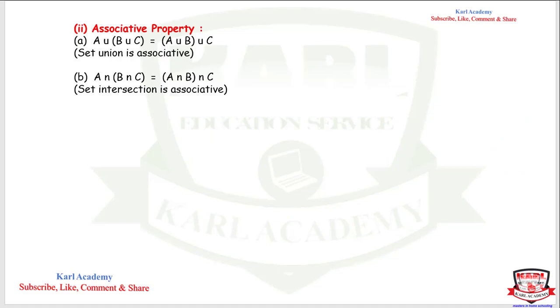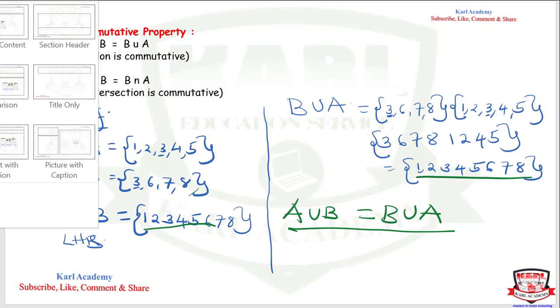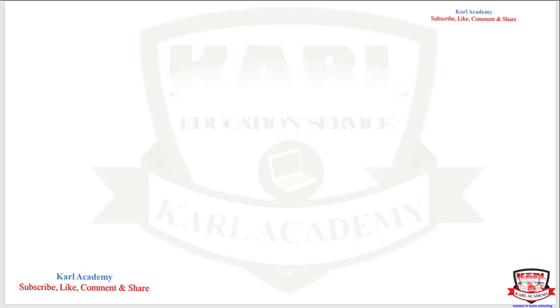We are also proving whether they are the same, that A intersection B is the same as B intersection A. In this part we shall be proving that intersection is also a commutative property, where we are saying that A intersection B is the same as B intersection A. And these are commutative properties of a set.